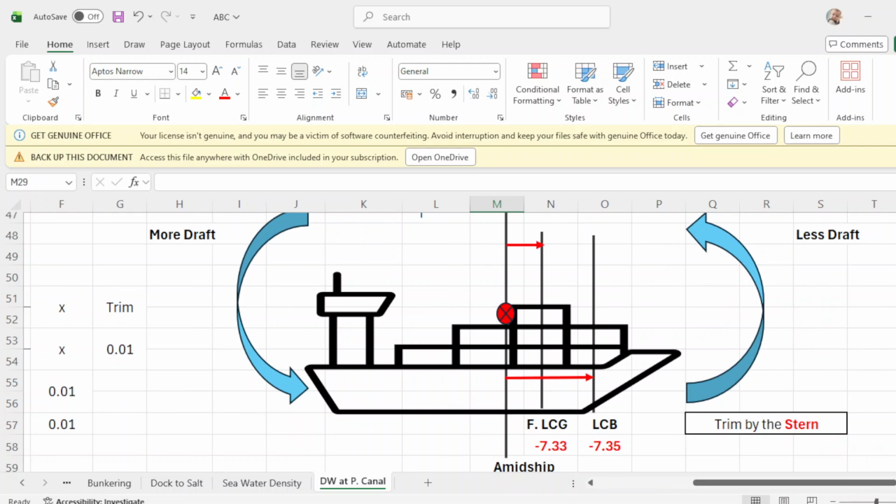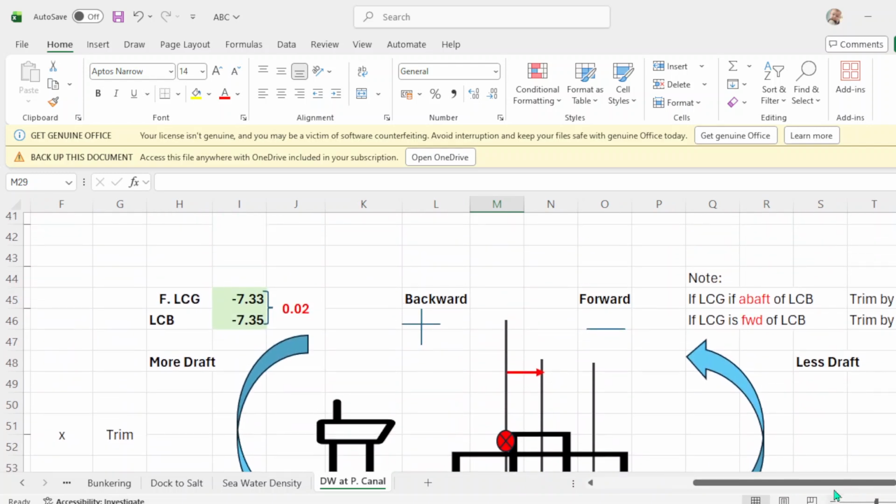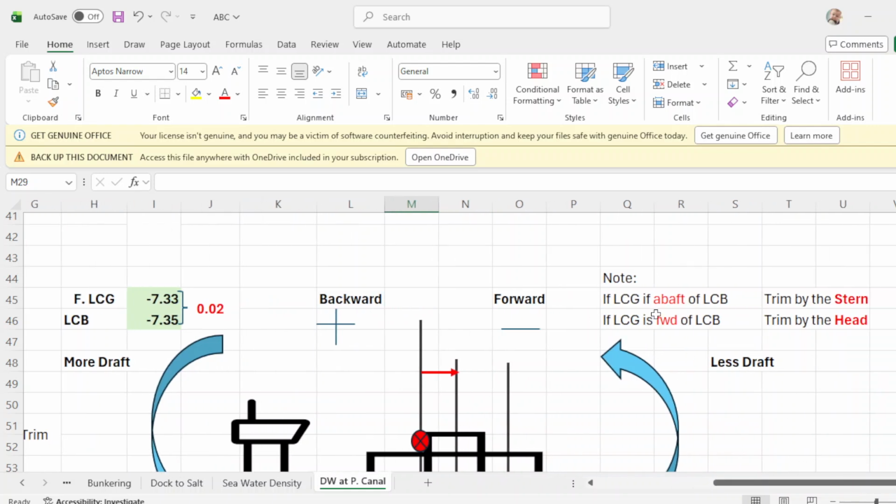And what is the rule? If LCG is aft or behind LCB, then you are trimmed by the stern.